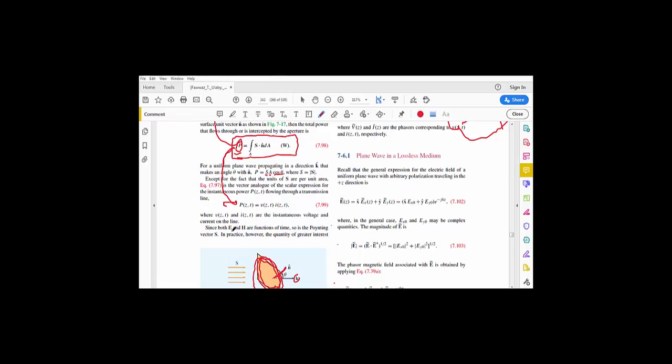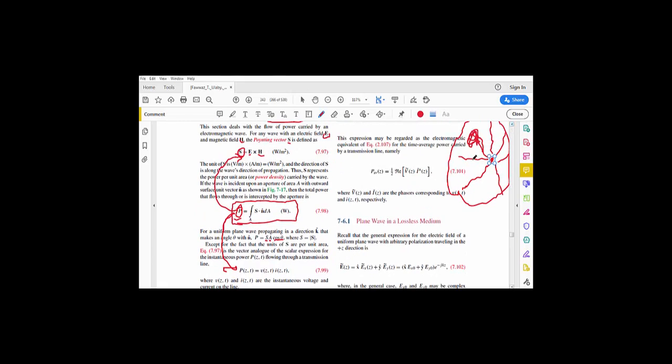So according to the variation of the electric field and magnetic field with time, both of them are time varying quantities, so the resulting power, or even the power density S or P, will be time varying.